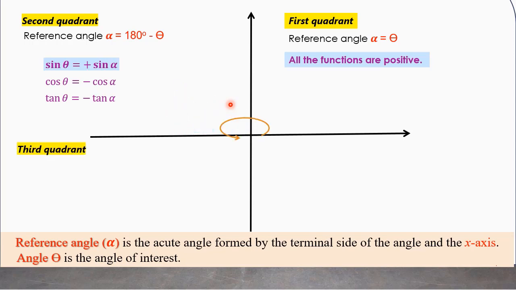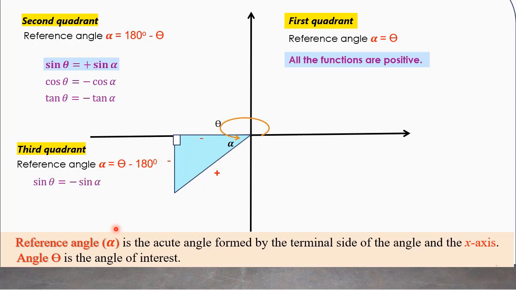In the third quadrant, to find the reference angle alpha, we have to use theta minus 180 degrees. In the third quadrant, both the x coordinate and y coordinate are negative. Therefore, sin theta and cosine theta are negative and tangent theta is positive.